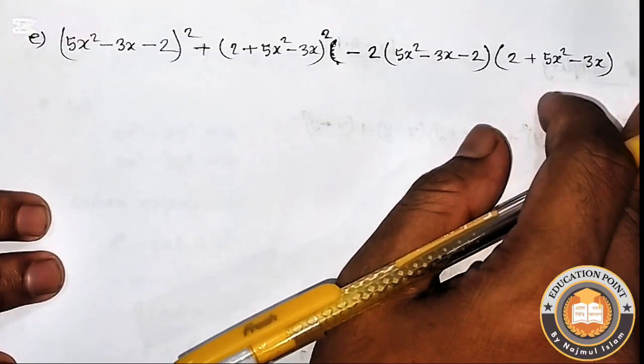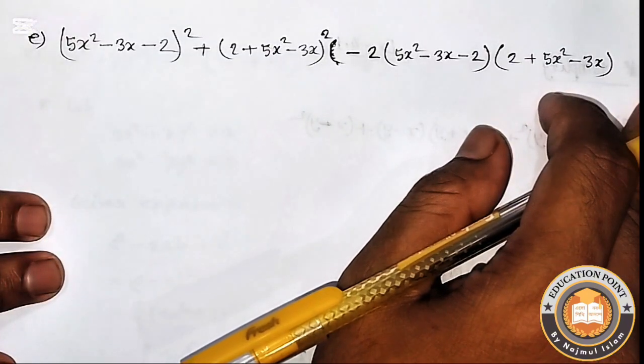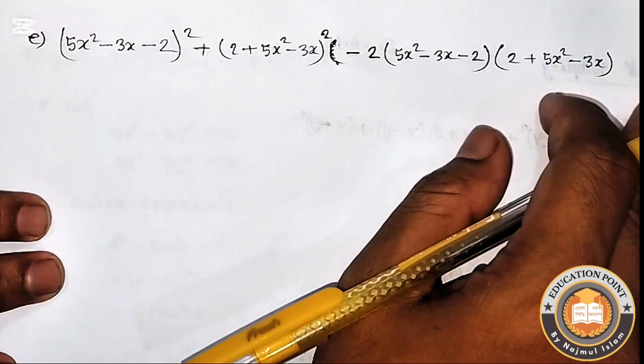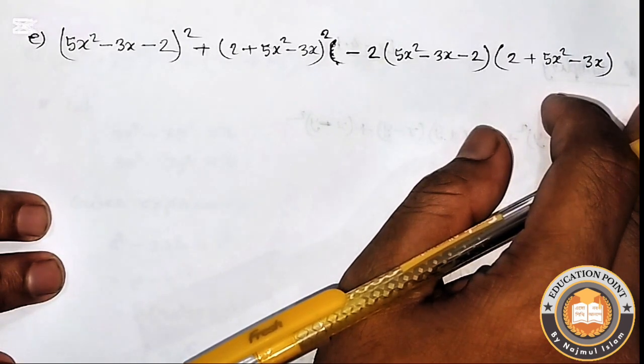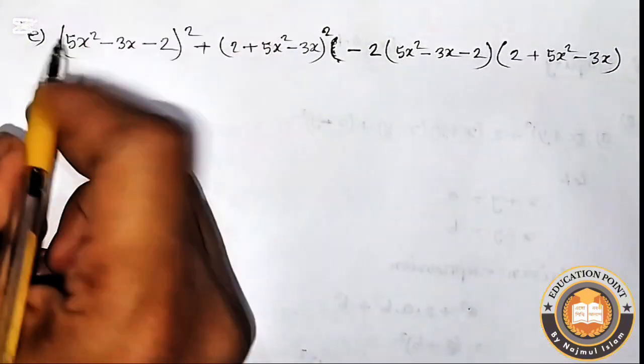Question number E, (5x square minus 3x minus 2) whole square plus (2 plus 5x square minus 3x) whole square minus 2 into (5x square minus 3x minus 2) into (2 plus 5x square minus 3x).